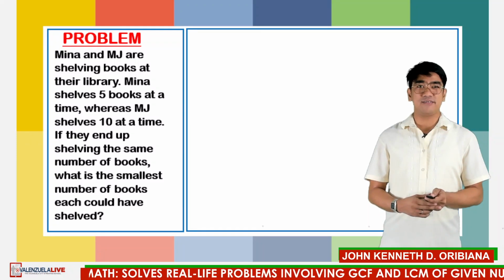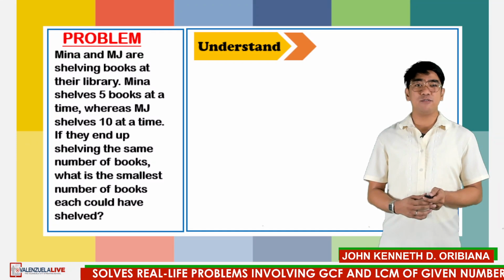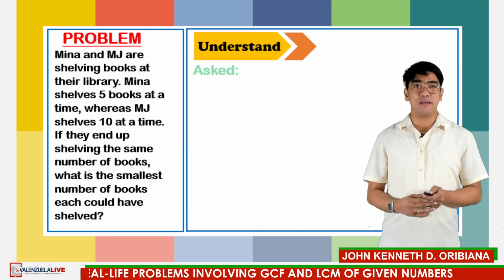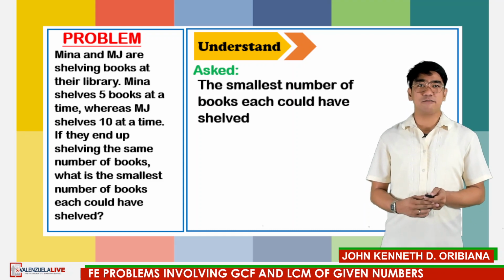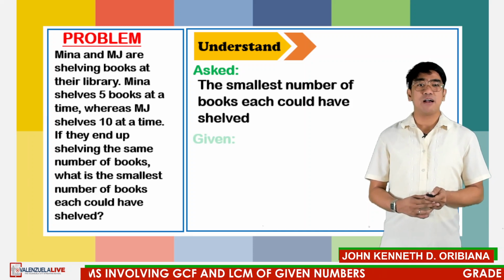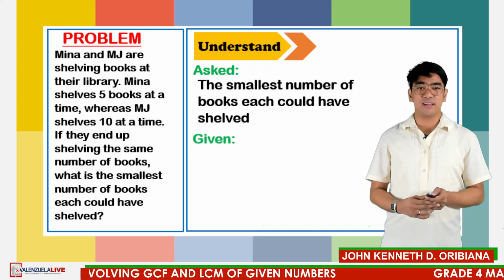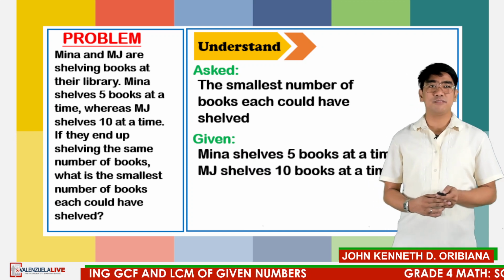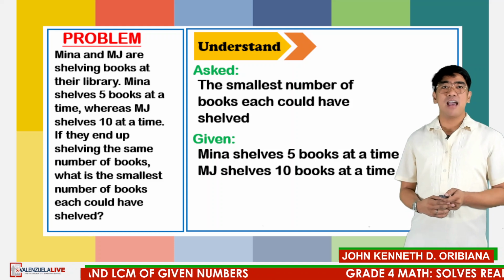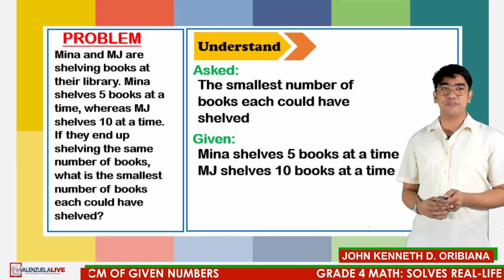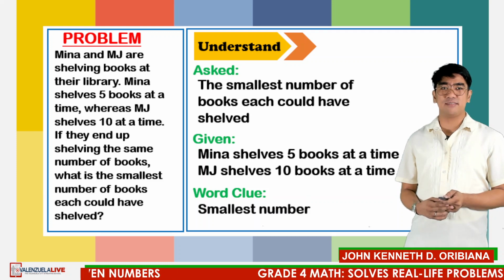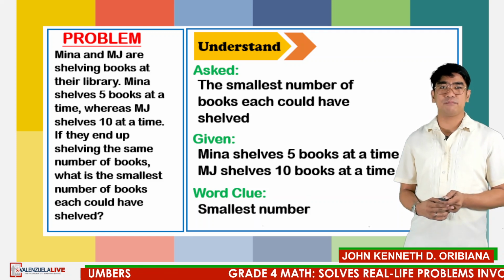Again, to understand the problem, first we need to identify what is being asked in the problem. And that is the smallest number of books each could have shelved, followed by the given, which are Mina shelves 5 books at a time and MJ shelves 10 books at a time, while the word clue in our problem is the smallest number.